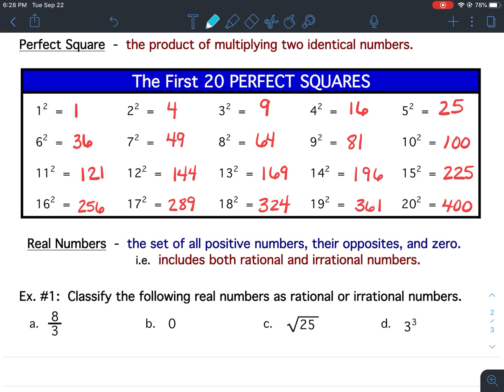So those are our first 20 perfect squares that would be integers.